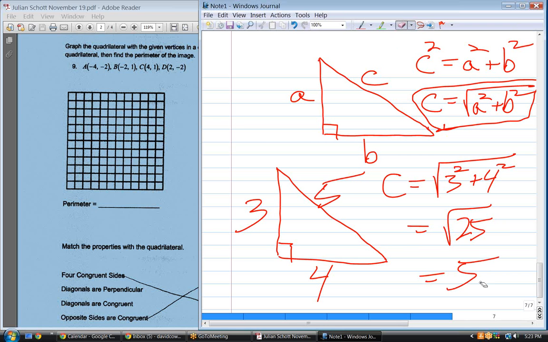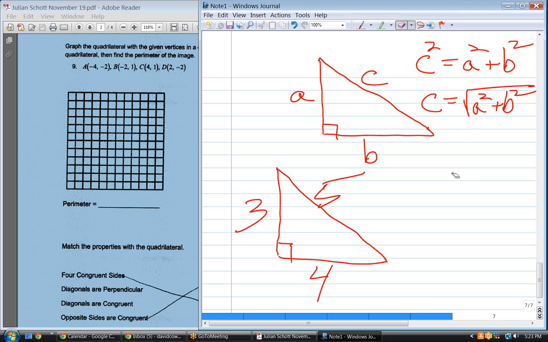So solving for the hypotenuse is generally fairly easy. You always use this formula right here. Now let's solve for one of the sides. They're going to give you 2 pieces of information every time they want you to solve a right triangle. When I say they, I mean all your math teachers for the next 4 years.